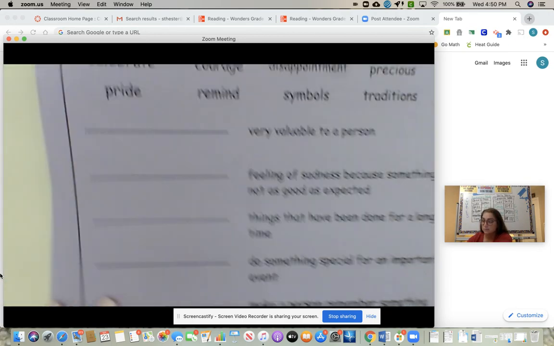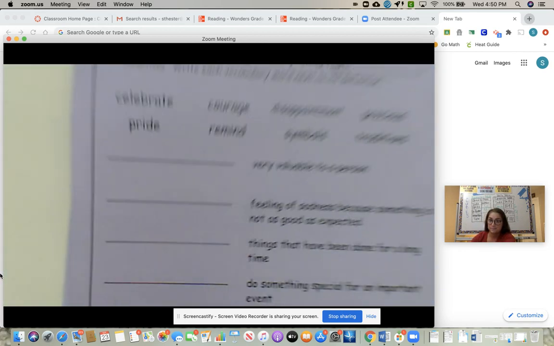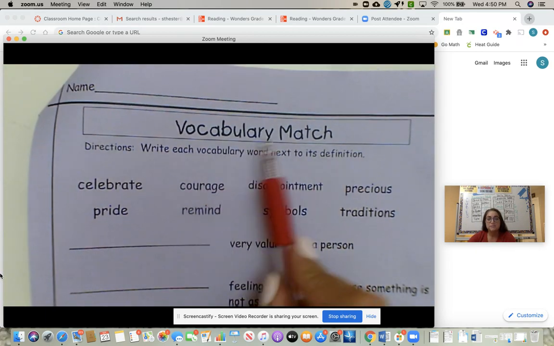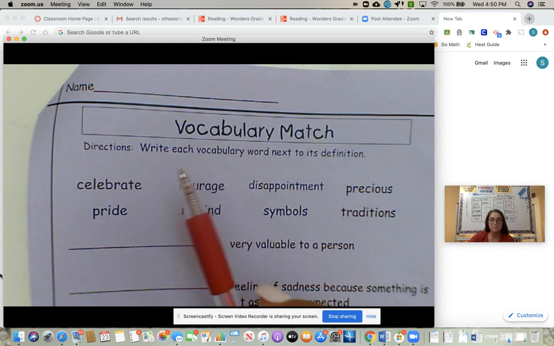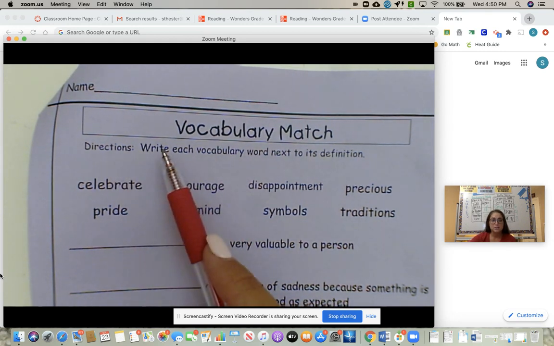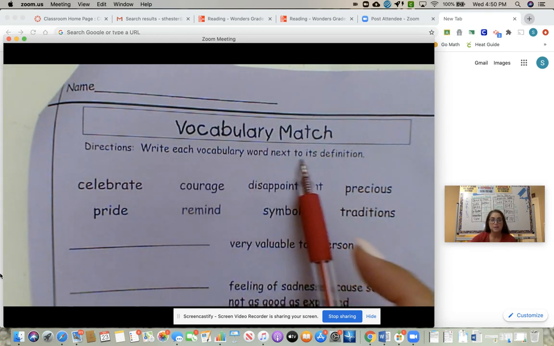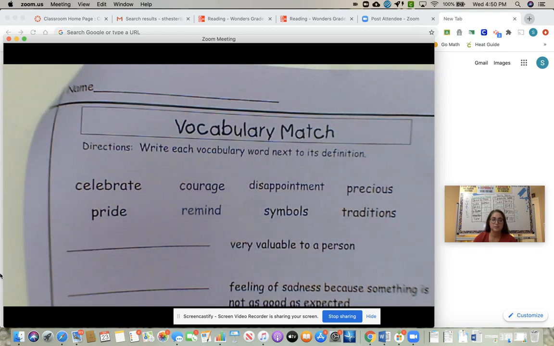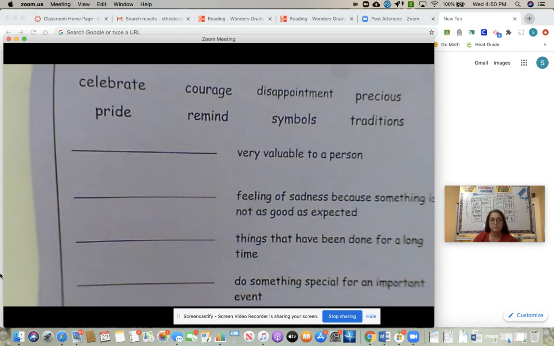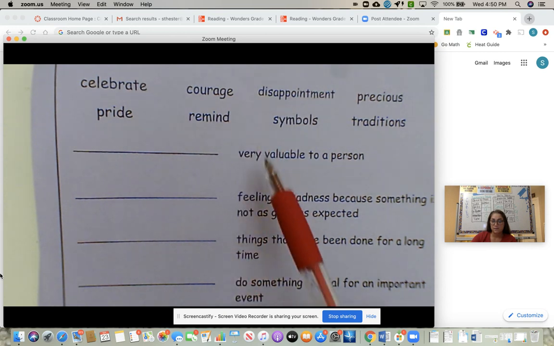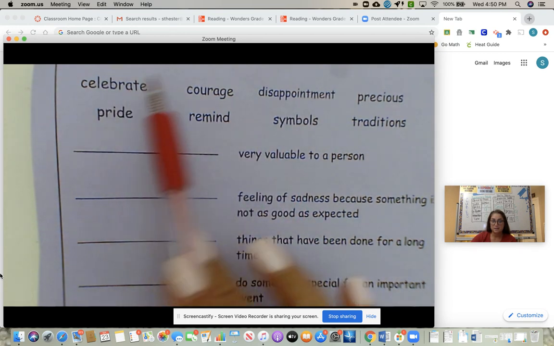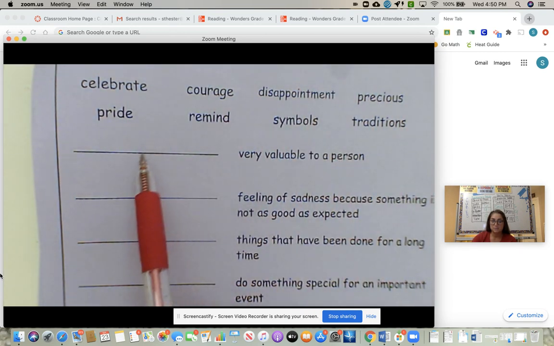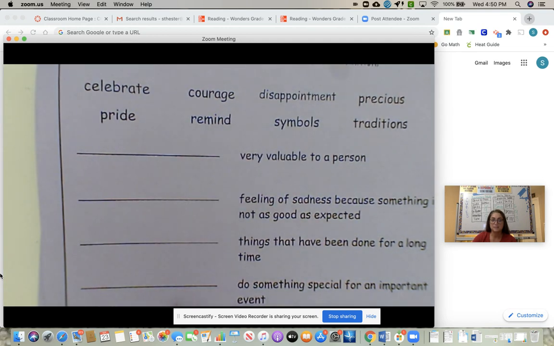I want you to go to the page after math. This is vocabulary match. This is your vocabulary brain check. Your directions: write each vocabulary word next to its definition. So that's all I want you to do for this week. Your definitions are on the side. Your vocabulary words are on top. So write the vocabulary word next to the correct definition.